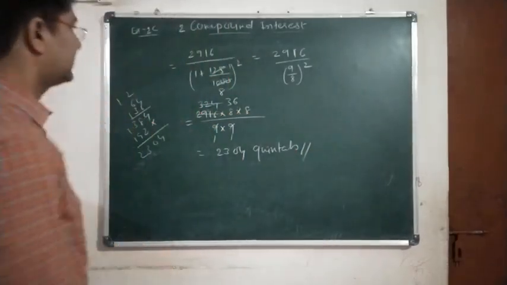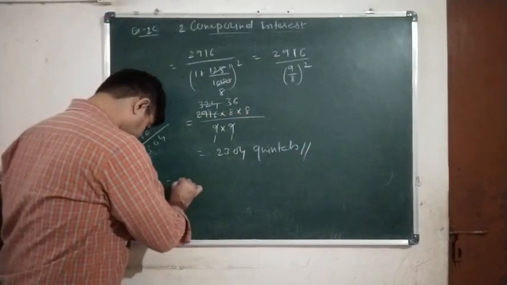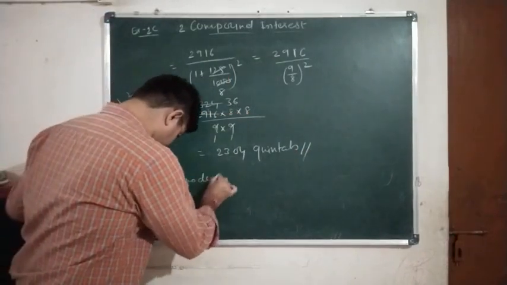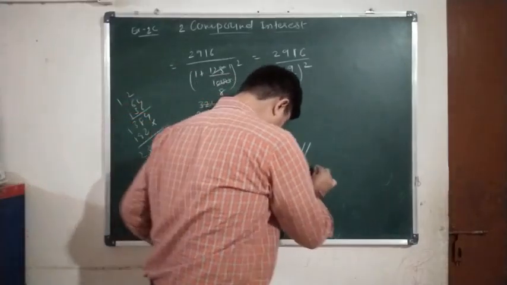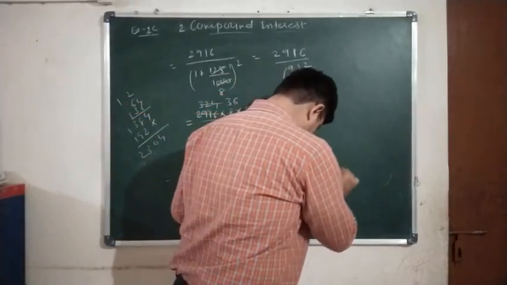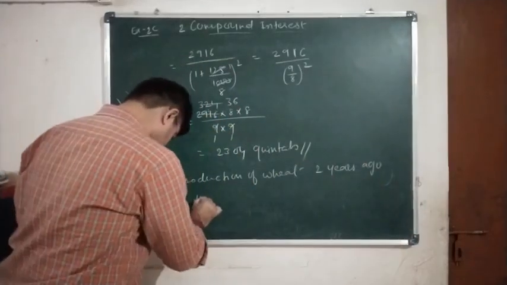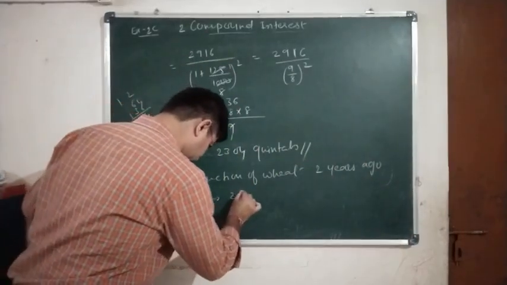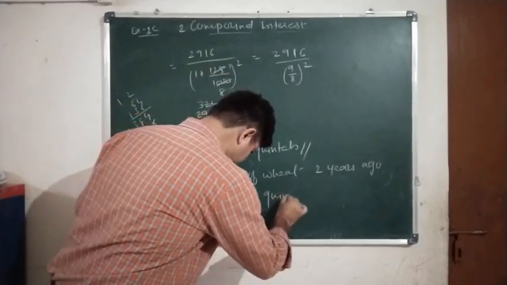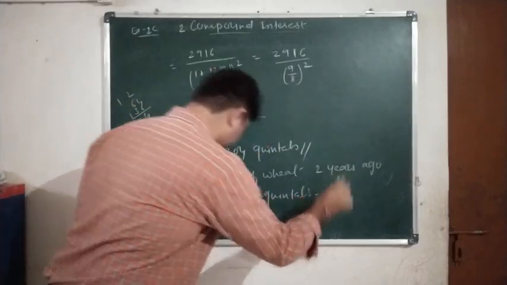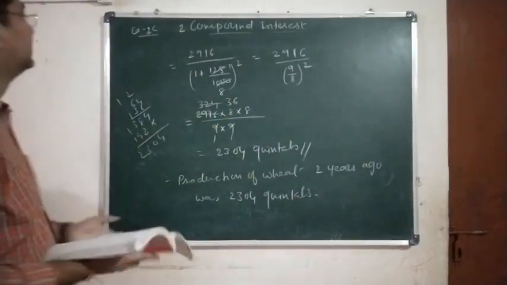Okay, and therefore the production of wheat 2 years ago was 2304 quintals. Clear? This is the final answer.